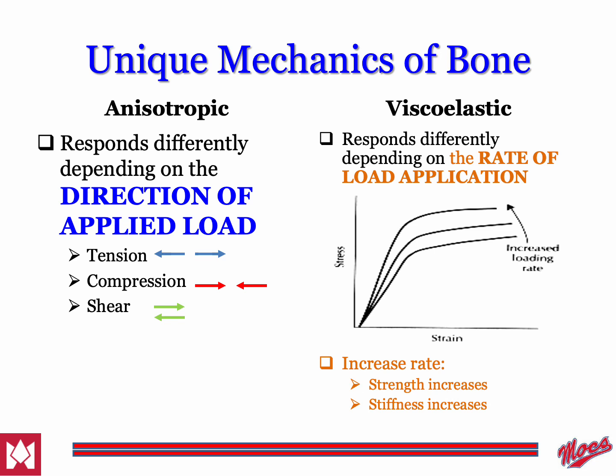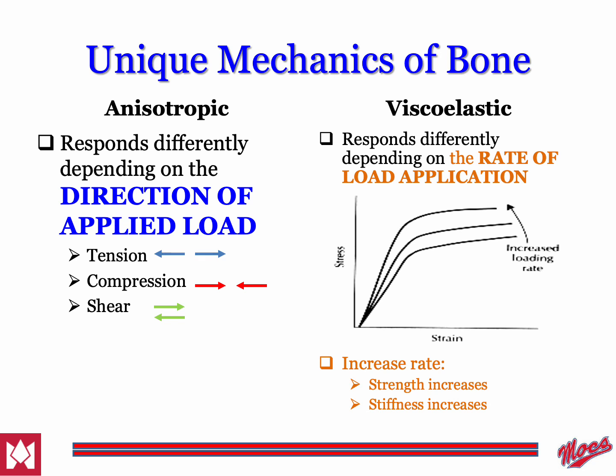So to put it in a different way, if a really high force is applied very suddenly, then we are actually going to be able to withstand that load better than if that same load were applied over a long amount of time, okay?